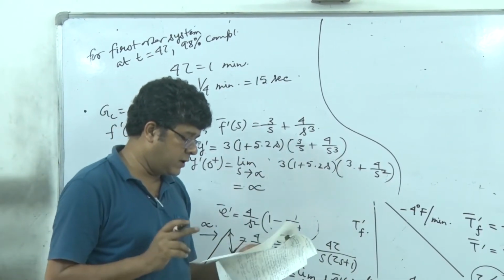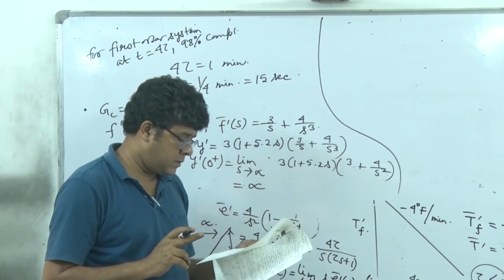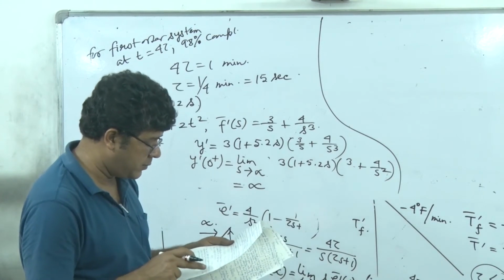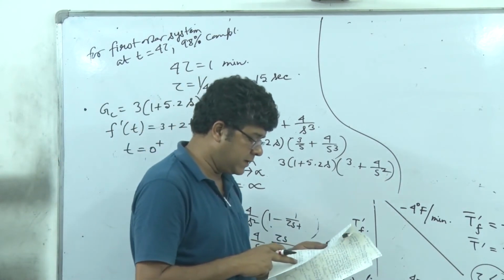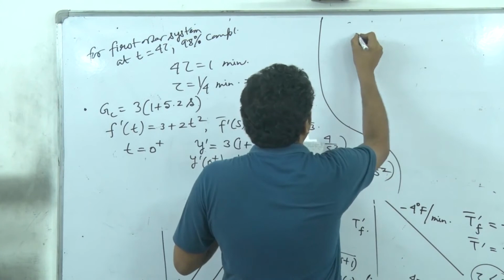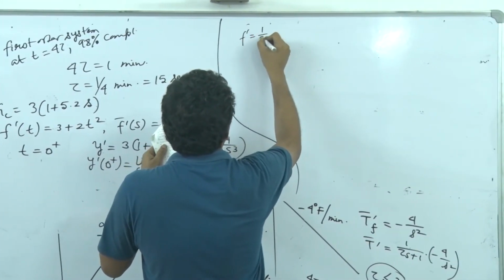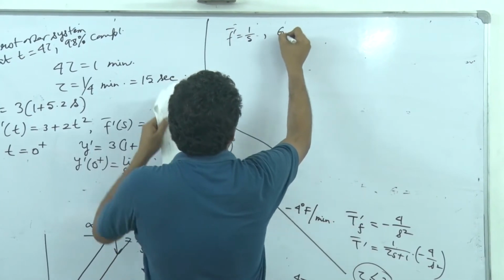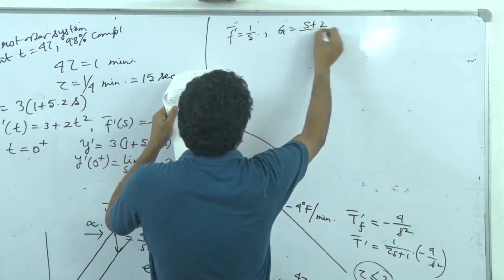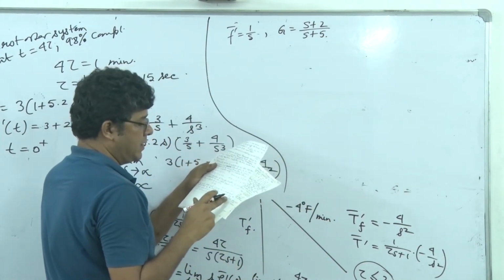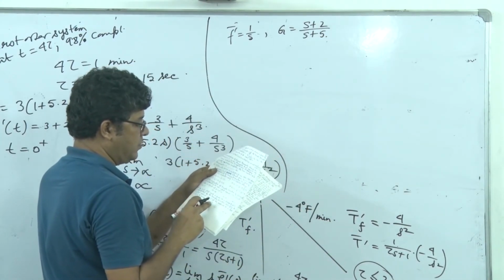Next question. A unit step input is given to a process that is represented by a transfer function. So unit step input, so basically f prime bar equal to 1 by s, and the process transfer function is s plus 2 by s plus 5. The initial value of the response to a step input of magnitude 1.